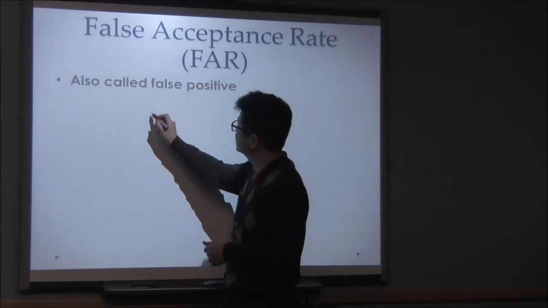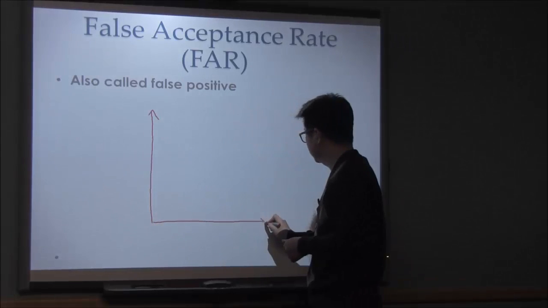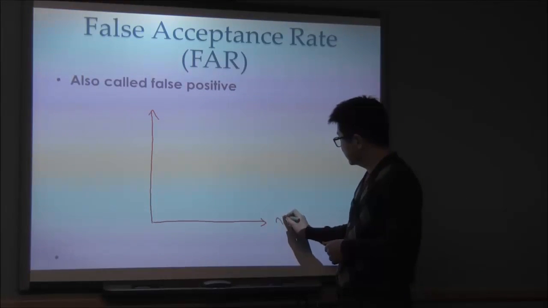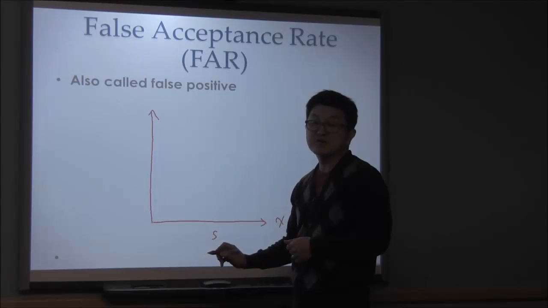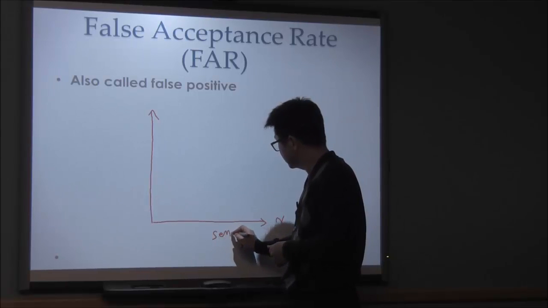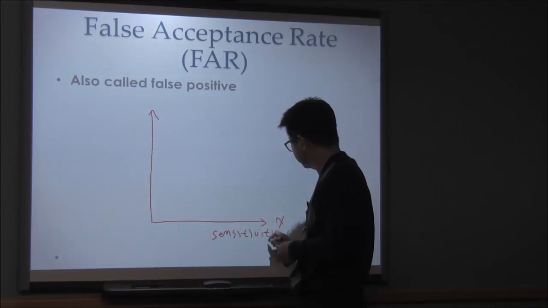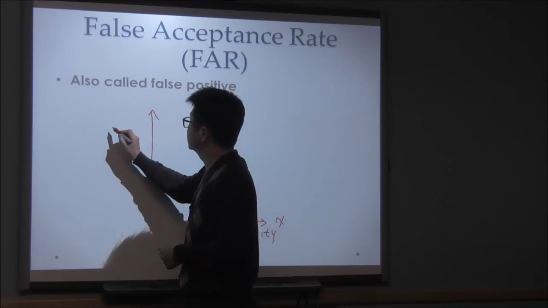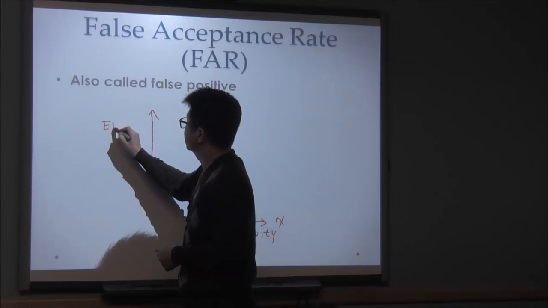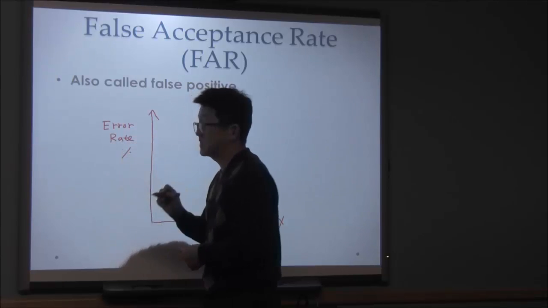We can also think of it in terms of a graph like this. Let's say the x-axis of the graph indicates the sensitivity of your biometric system, and the y-axis indicates the error rate in terms of percentage.